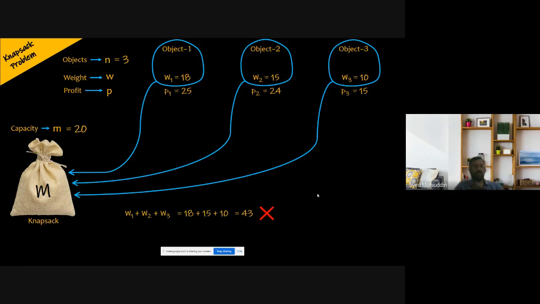So 43 cannot fit in 20 kgs. Going back to the problem statement, we have to fill the knapsack, but it doesn't say we have to fill it with all the objects. There is a capacity, so we have to fill the knapsack with these objects to earn a higher profit.